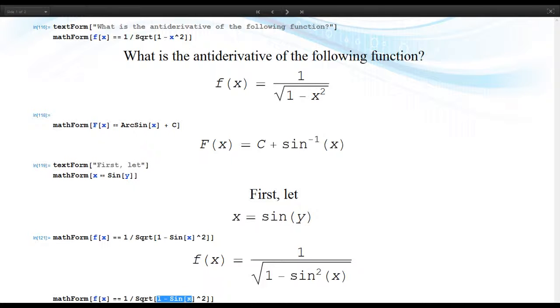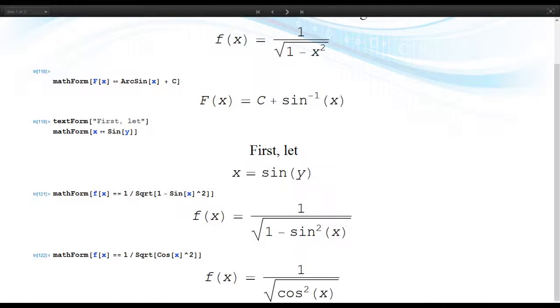So this becomes the square root of cosine squared y, and the square root of cosine squared becomes just 1 over cosine.